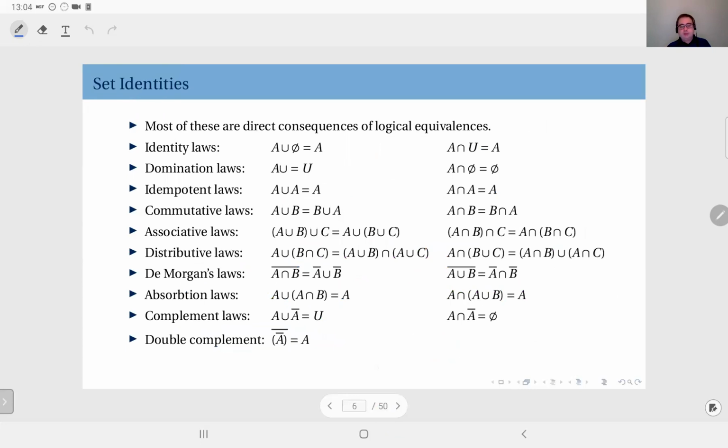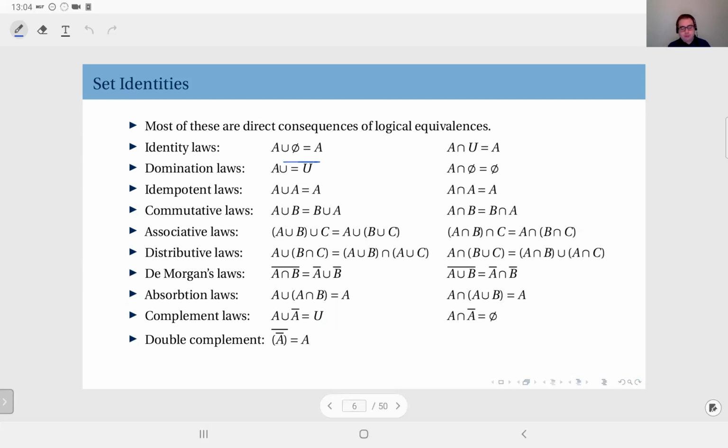Now, of course, based on these definitions, we have a number of identities, and these can usually be proven using logical relationships, which I'm not going to do. Most of them are not that difficult. You can just plug in the definition.